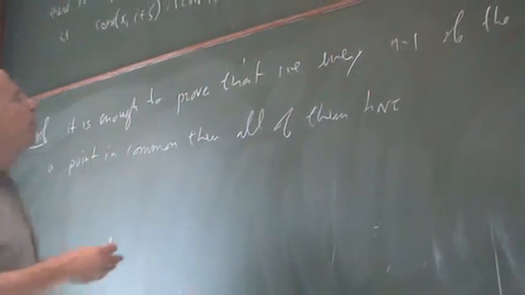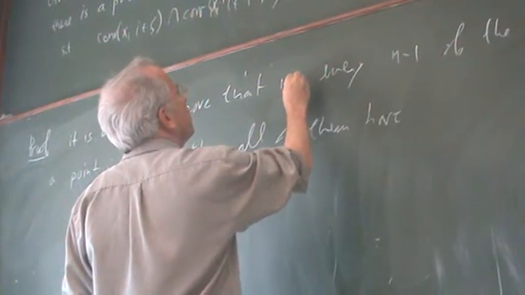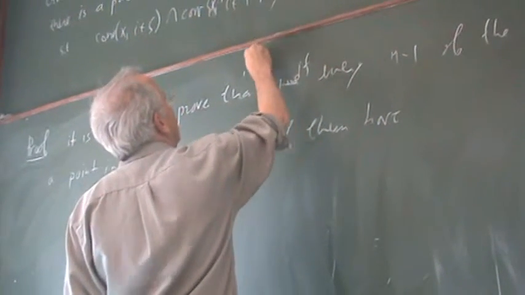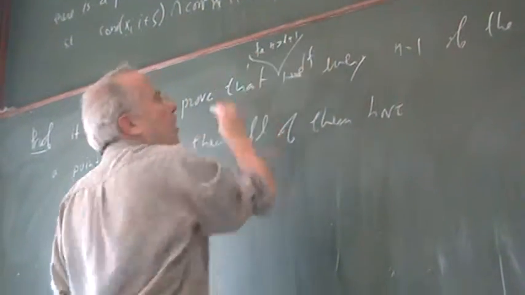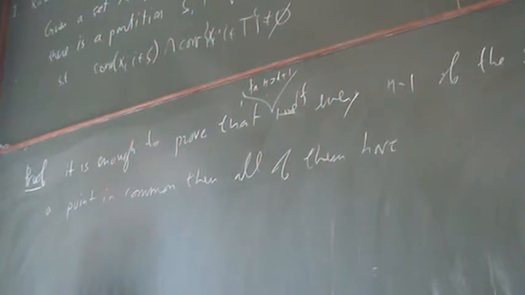I mean that for n greater than d plus 1, if every n minus 1 of the sets have a point in common, then all of them have a point in common.